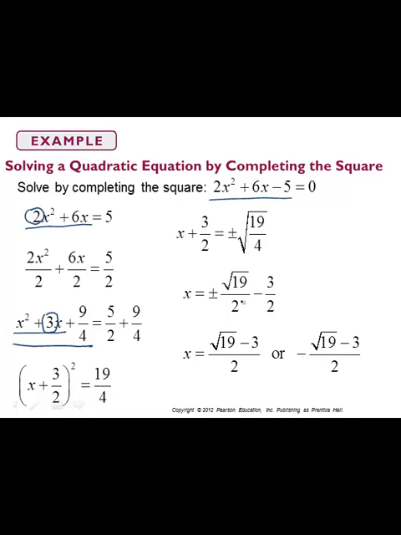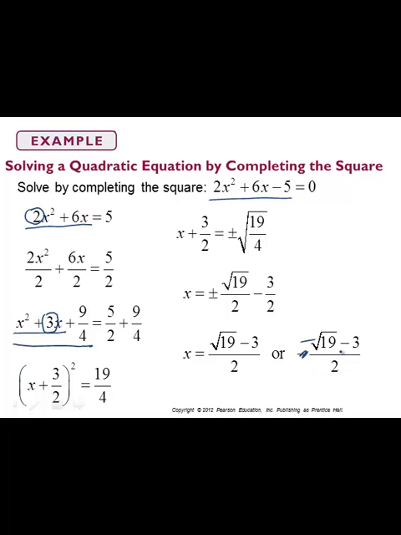So you could have square root of 19 halves minus 3 halves, which will give you square root of 19 minus 3 over 2. Or you could have negative square root of 19 minus 3 over 2.